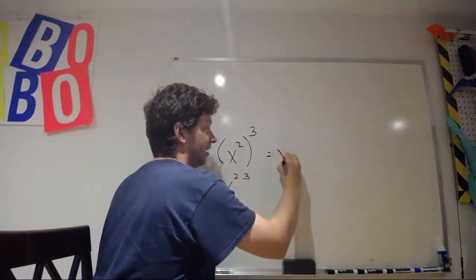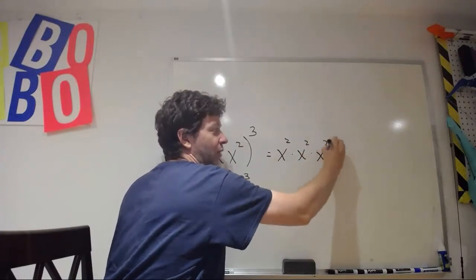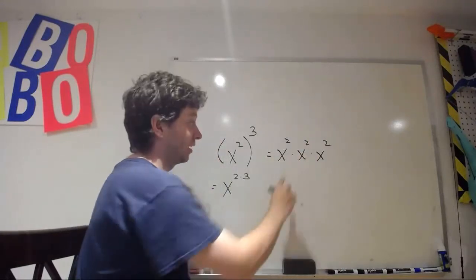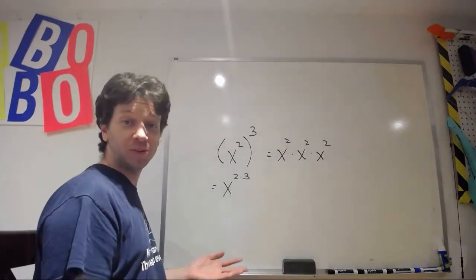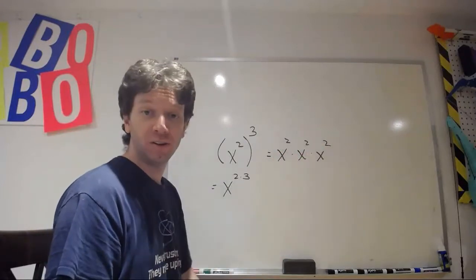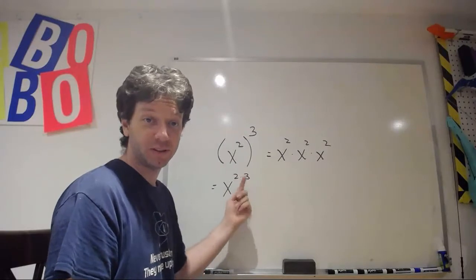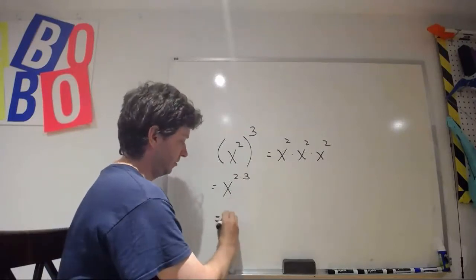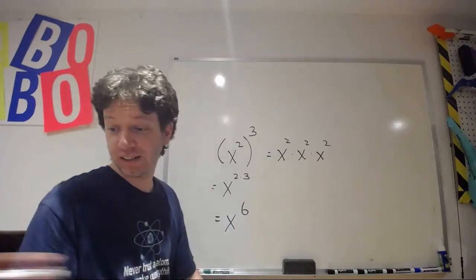So that's just x squared times x squared times x squared. And now you're just multiplying similar bases. And when you do that, what do you do to the exponents? Well, you add them. 2 plus 2 plus 2. Or you're adding 2 3 times, which would be x to the power of 6. Okay, so that's our last one.